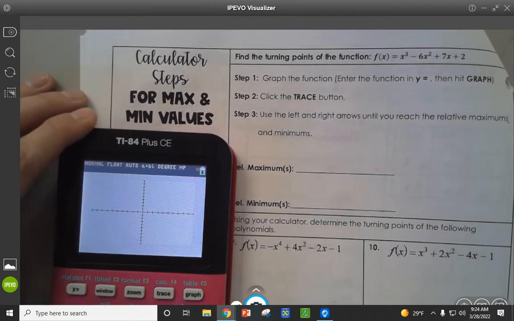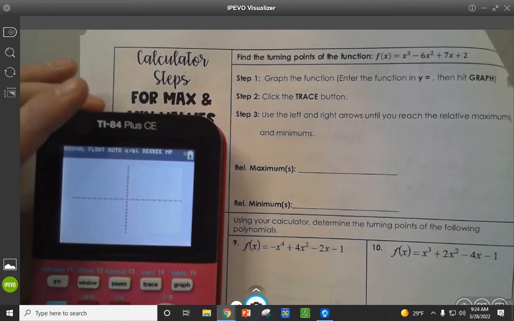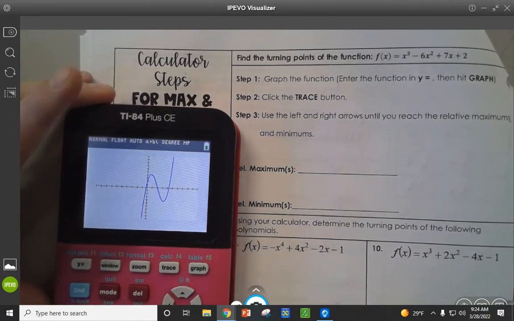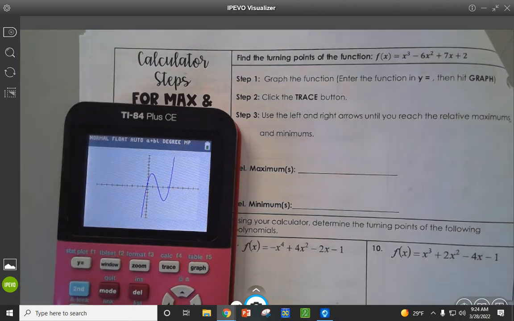And if we hit the graph button, we will see one straight line. Your calculator was zoomed way out.